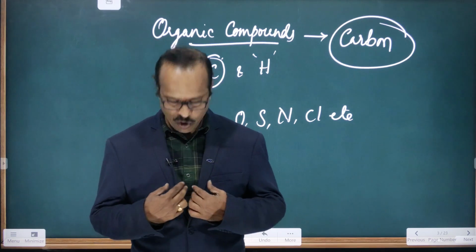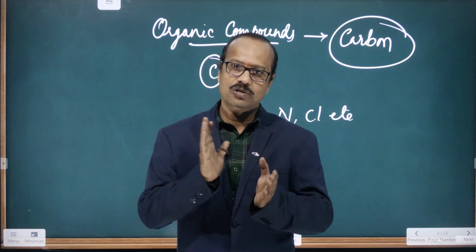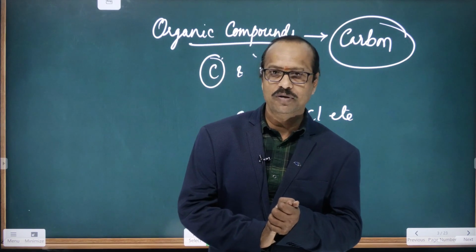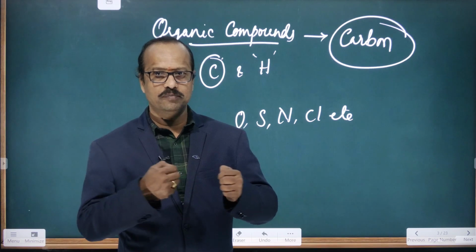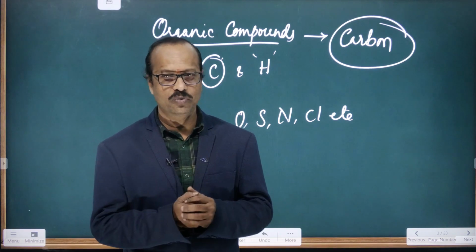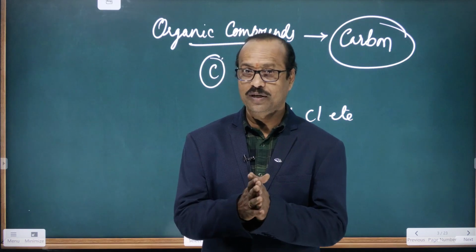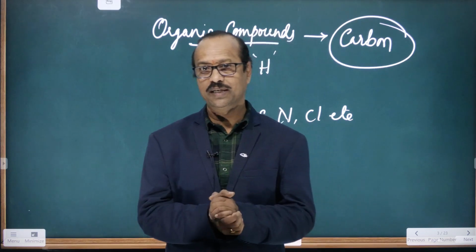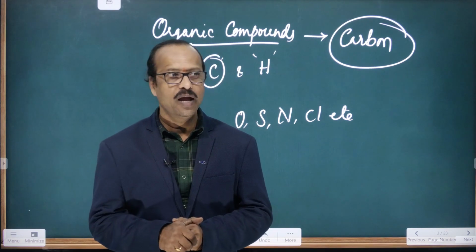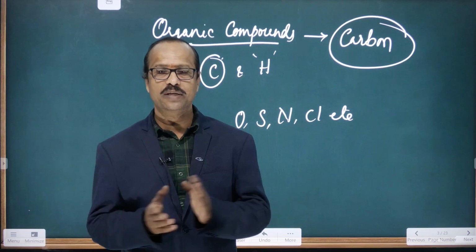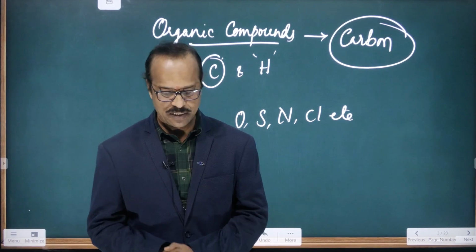Kapda: cotton, cellulose, these all also consist of carbon, because cloth is generally made from cotton, and cotton we get from the plant, a plant organism, so this is also an organic compound consisting of carbon. And makan: we use wood and similar things, so that also consists of carbon.